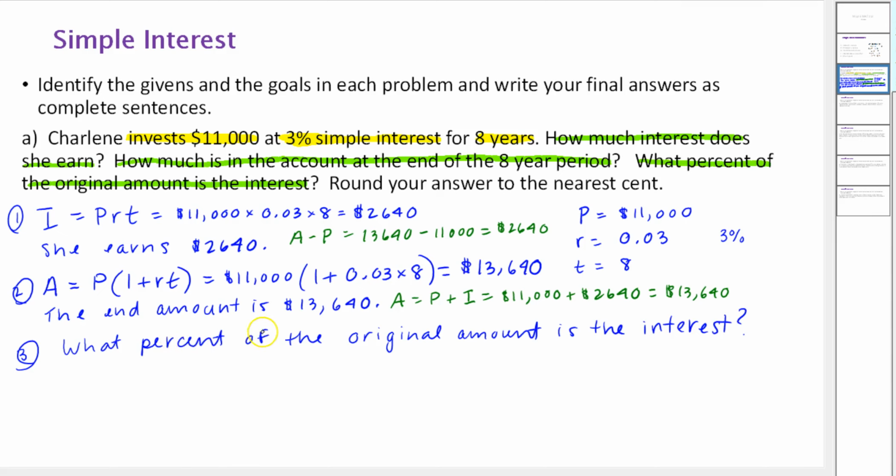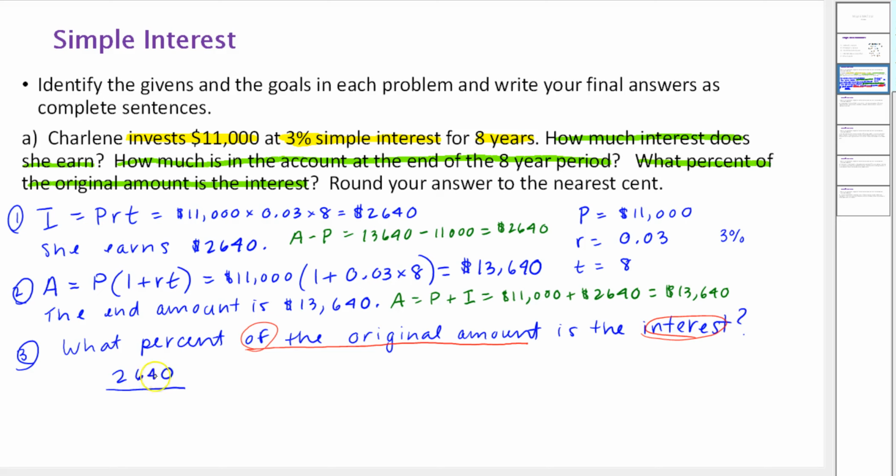Okay, so the whole is what follows the word of. Okay, so we're trying to find a percent, and we want to find the percent of the original amount compared to the interest. So to find this, we're going to find the interest. We already know the interest, $2,640.